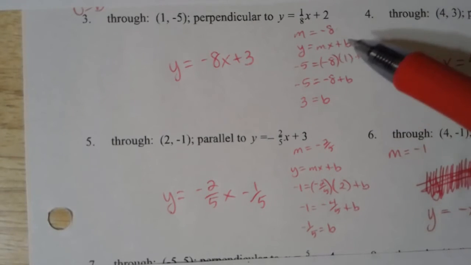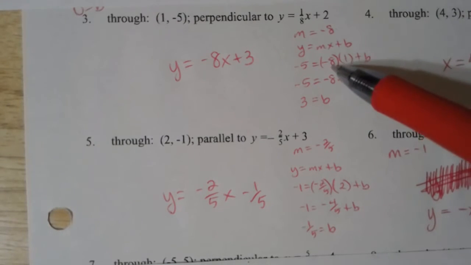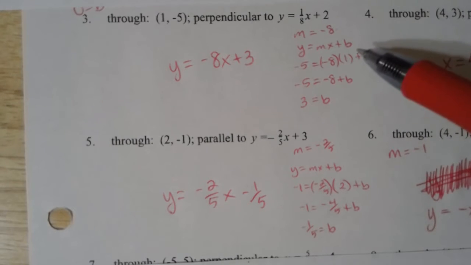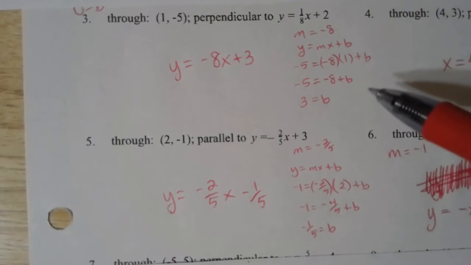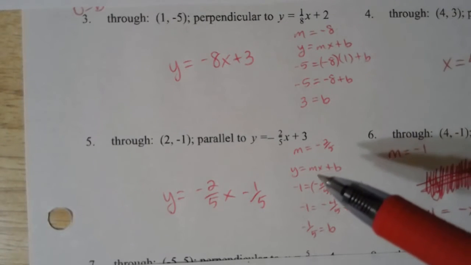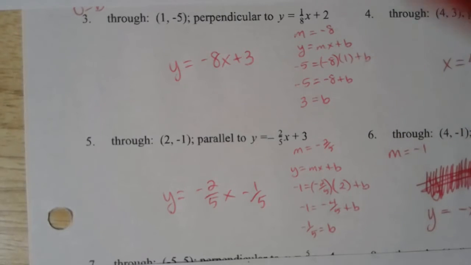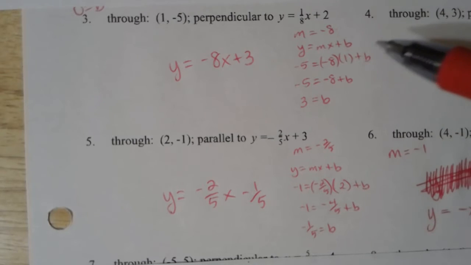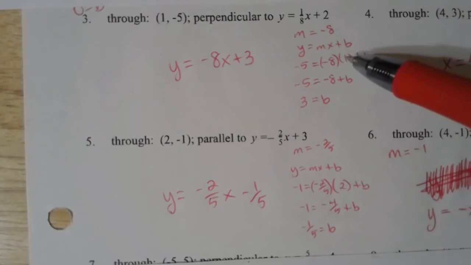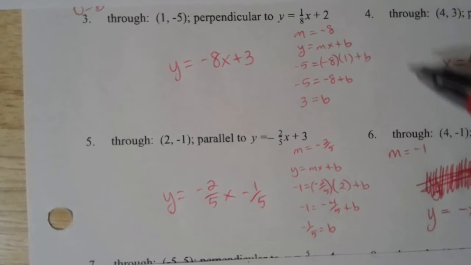So -5 is equal to m, which is -8, times x, which is 1, plus b. So b is the one thing that I don't have. Since it's my only variable, this is just an equation in one variable, so I can solve it pretty easily. So I've got -5 = -8 times 1 + b. Let's go through and solve for b.